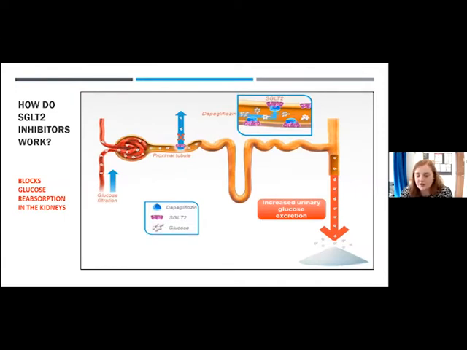Their job is to transport sodium and glucose back into the bloodstream. This is where the SGLT2 inhibitors work. They target and block this reabsorption, ultimately reducing your blood sugar.